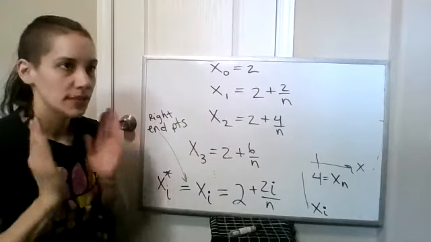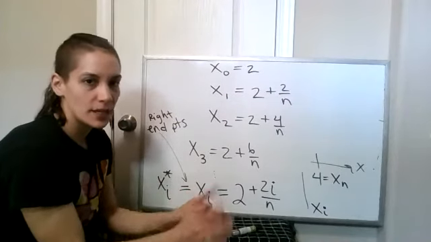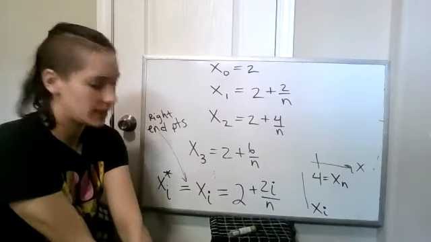Cool. So we're going to put in our delta x. We're going to plug in x sub i star into the function f and get all of that together in the limit.